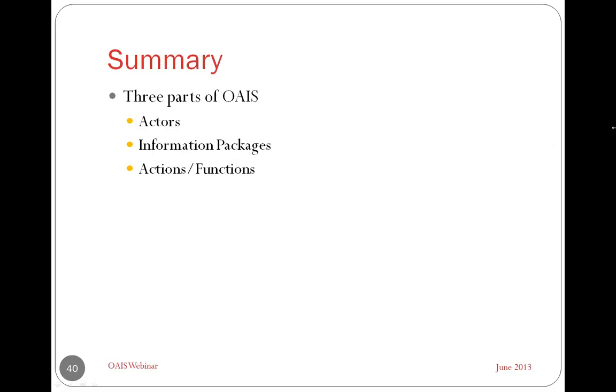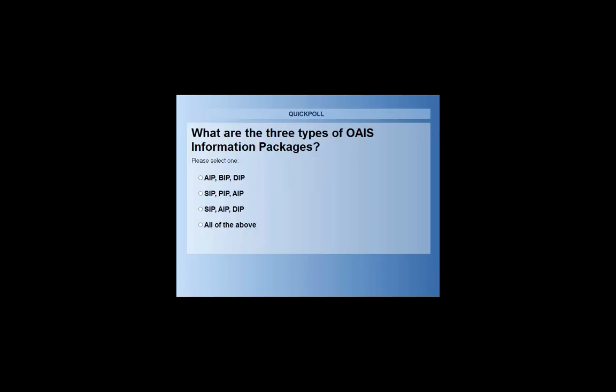So we'll close that one. And then our next question is, can you select the 3 types of OAIS information packages? Again, you have 4 choices. Pick the one that you think. If you can't select it from the poll, just type in, and most of you are selecting C. That's right.